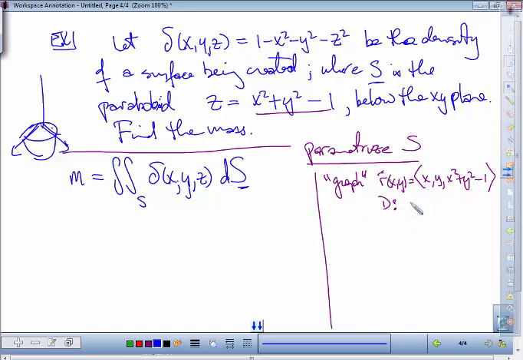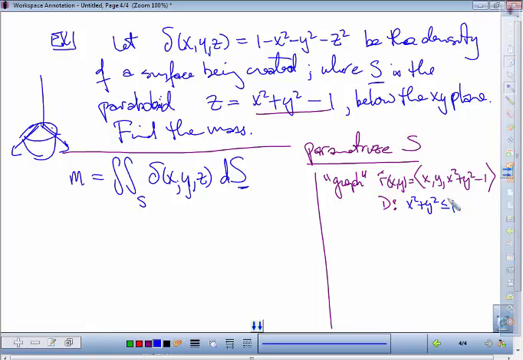Circle of radius 1. So if I were to do this, I would integrate like this, and then I would probably have to change it to polar coordinates because of the domain.